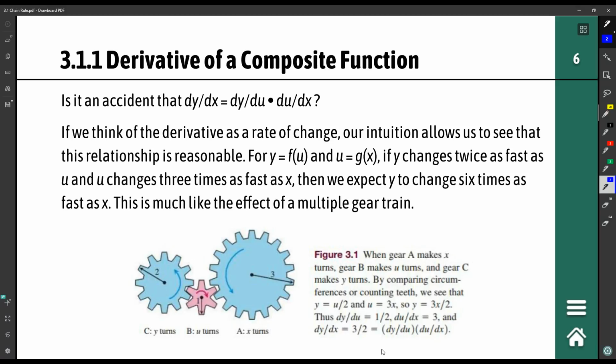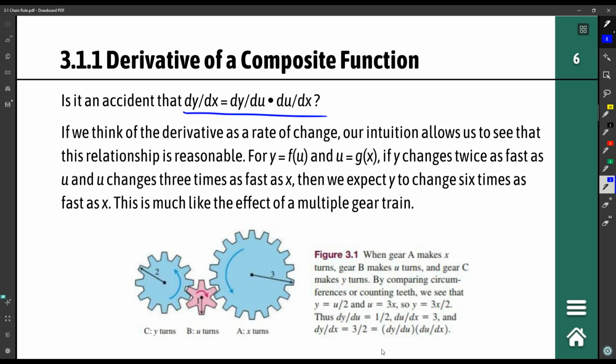So if we think of this in terms of rates of change, it starts to make a little bit more sense. Down below, we have an example of multiple gears. When one turns, the second turns, and when the second turns, the third turns. And if we think about the derivatives in terms of the rates of change of these gears circling around, we can get ourselves into this idea that dy/dx equals dy/du times du/dx all the time.